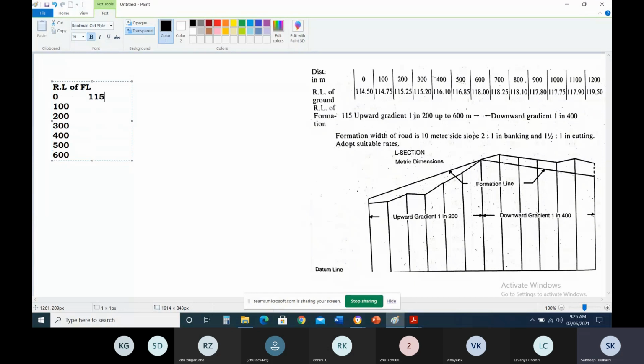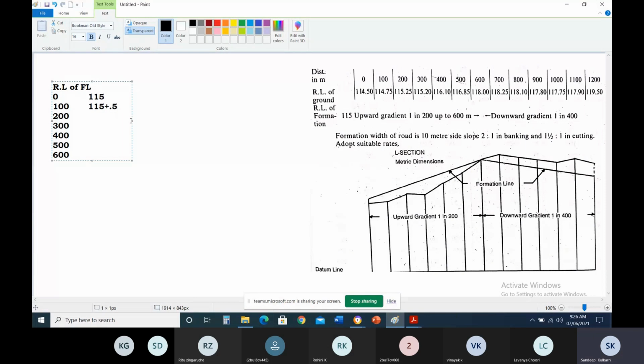Now in this case, 1000 divided by 200, what do we get? 0.5. So the next FL will be 115 plus 0.5.